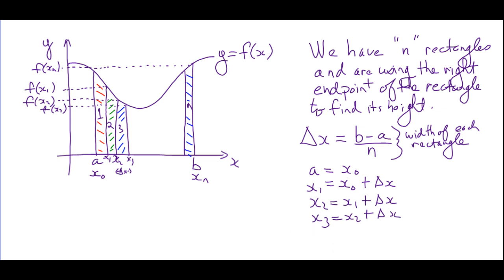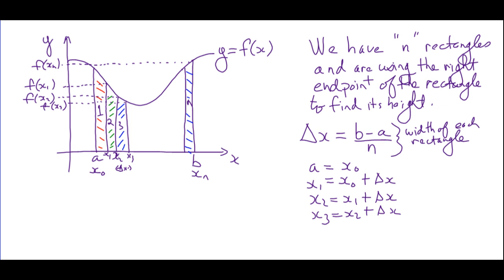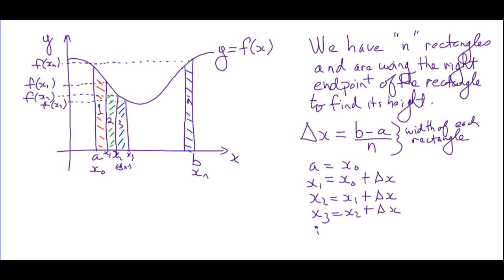Actually, we should draw a few little dot, dot, dot. x sub n is equal to, what's the expression? Look for a pattern. x1 is x0 plus delta x. So x sub n is x sub n minus 1 plus delta x.